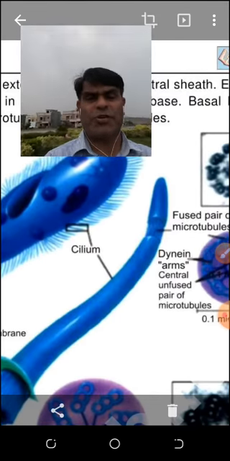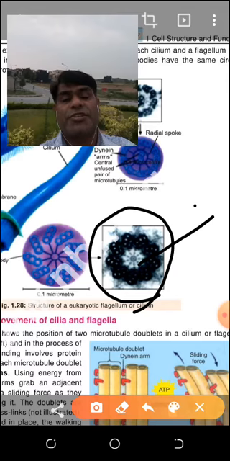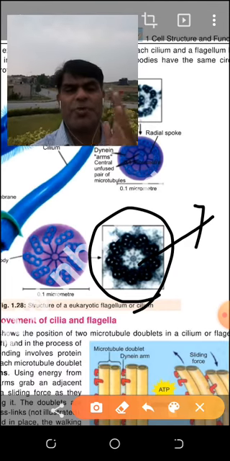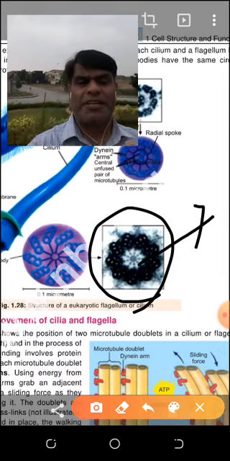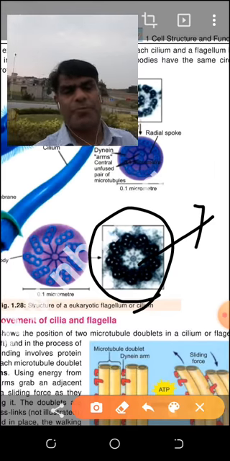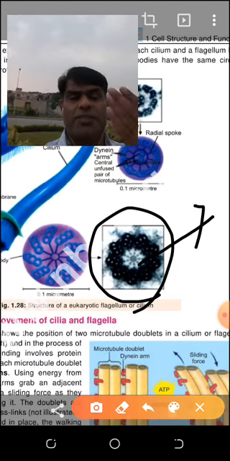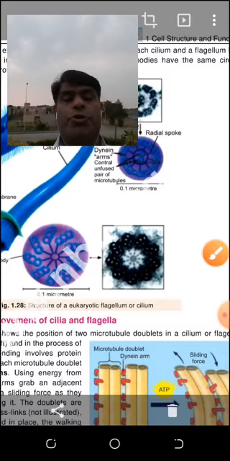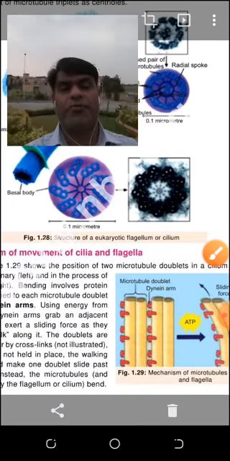Once again I am using the same terms again and again to help you students memorize: the 9 double fibrils at the peripheral site and the two fibrils at the central site. Now I am just mentioning clearly how dynein arms help in the movement of the cilia. I will show you the attachment of the dynein arms.